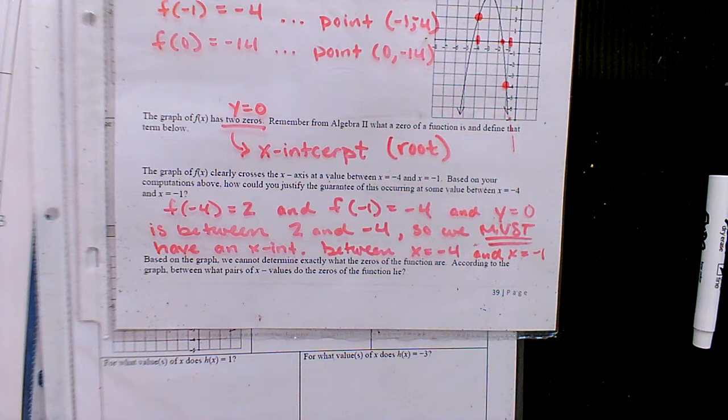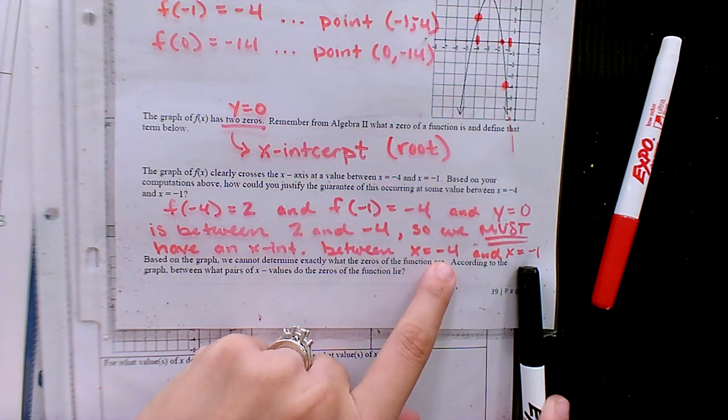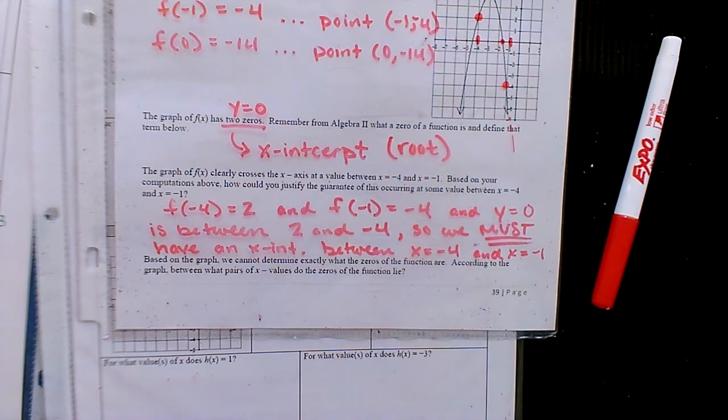Okay. But what is nice is since we have a graph, maybe we can become a little bit more specific on where this x-intercept is located. So right now, we're saying that the one x-intercept is between negative 4 and negative 1. That's not a bad interval. Okay, it's only 3 units wide, but we could probably make that interval a little bit smaller.